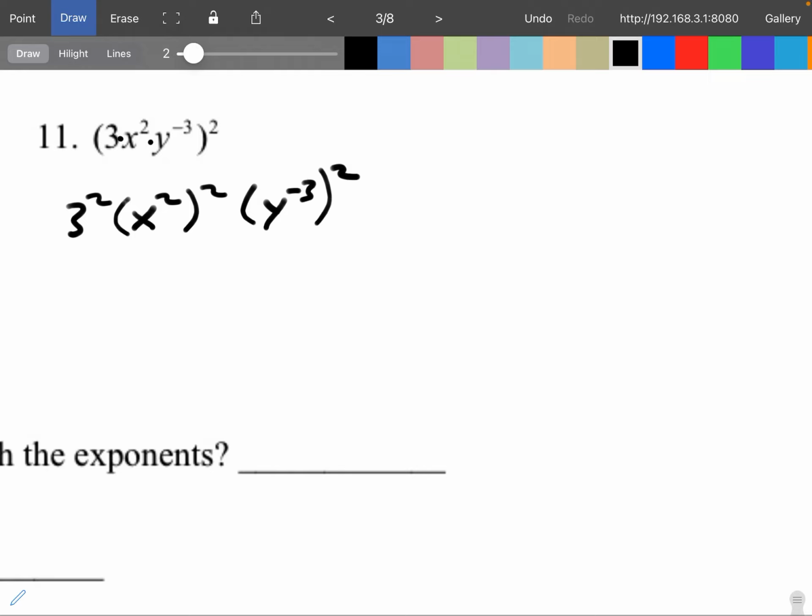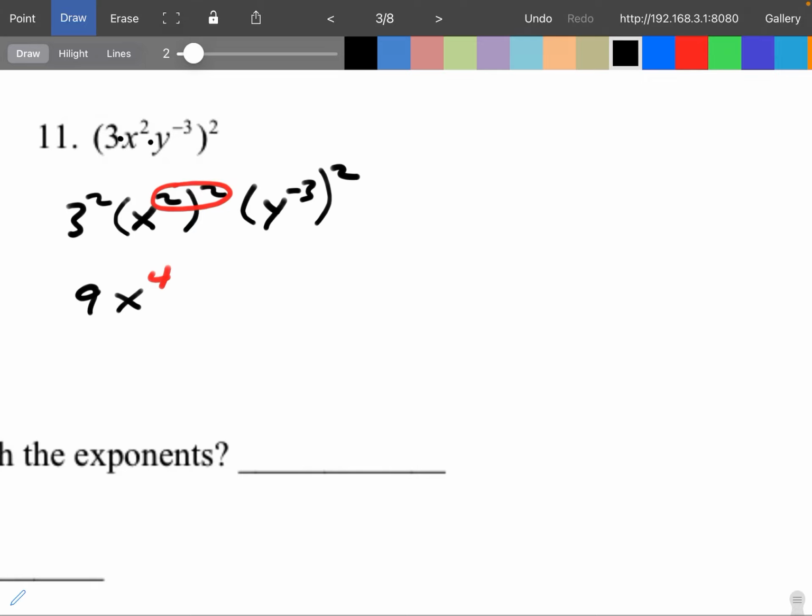So you're squaring each of the 3 factors in that product. All right, so then what's 3 squared? 9. And then you got x squared squared. X to the 4th. Yes. When you have a power raised to a power like that, you multiply them, right? So that's going to give you x to the 4th.